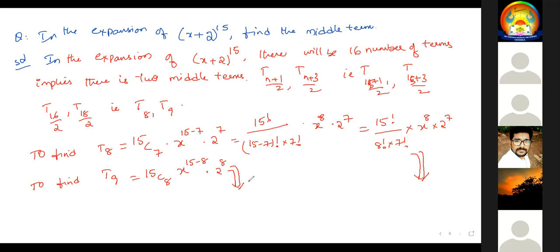Just expand it in terms of factorial, it's enough. 15 factorial by 7 factorial into 8 factorial into x to the power 7 into 2 to the power 8. Very good. It will be 90,090 into x to the power 7. Very good calculator.